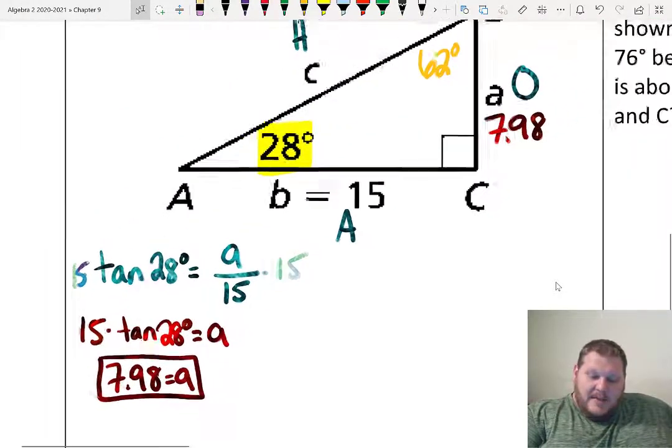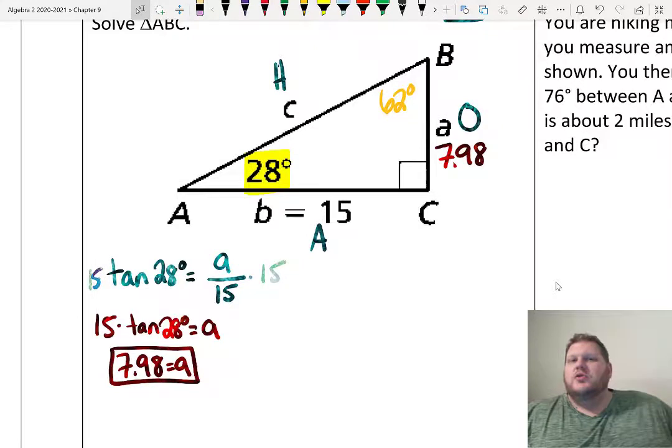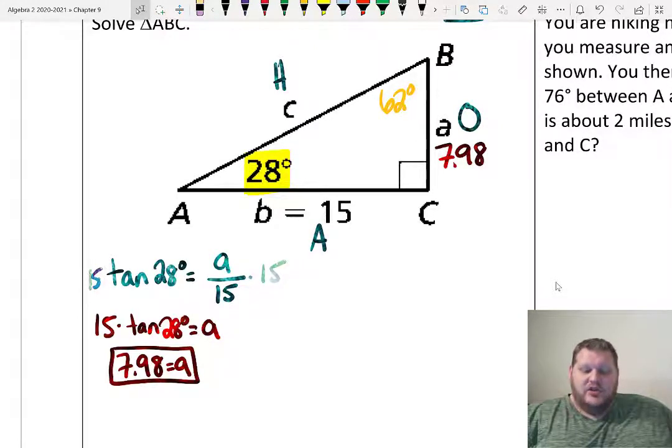All right, I still need my third side, and I do technically have two options for this. Because now that I have two sides of my right triangle, I could, if I wanted to, use Pythagorean theorem to solve for that third side. Right? I could do 15 squared plus 7.98 squared equals my hypotenuse squared. And that should give you a pretty accurate answer. It shouldn't be too far off, but it might be slightly rounded wrong.